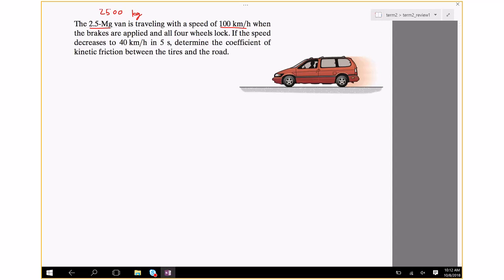If the speed decreases to 40 kilometers per hour in 5 seconds, determine the coefficient of kinetic friction between the tires and the road. Okay, so you're given the speed is 100, and the new speed, let's call this V1, this is V2, is 40 kilometers per hour. Initially the time is 0, finally the time is 5 seconds.